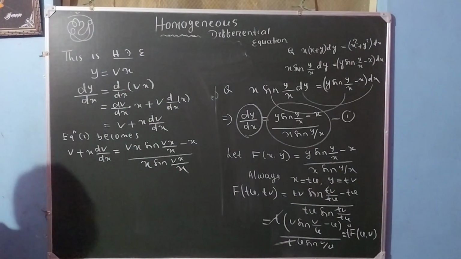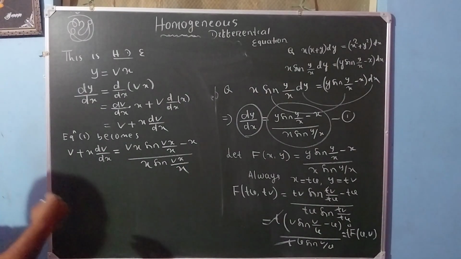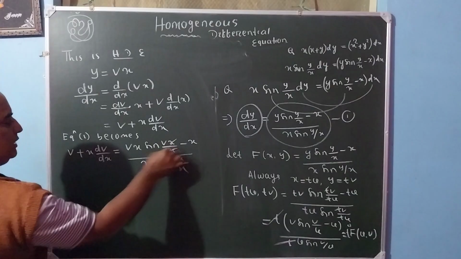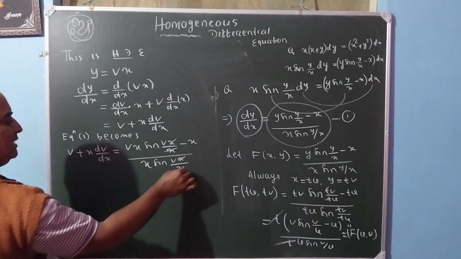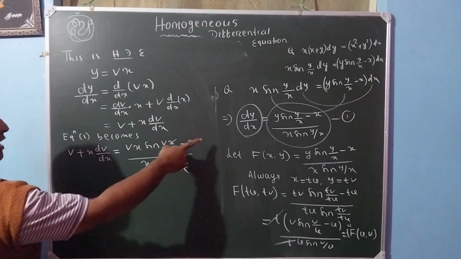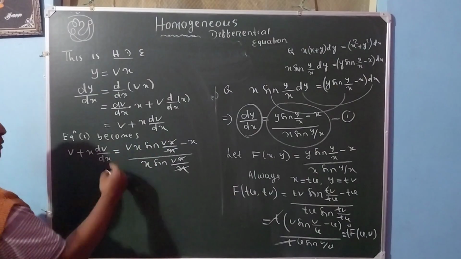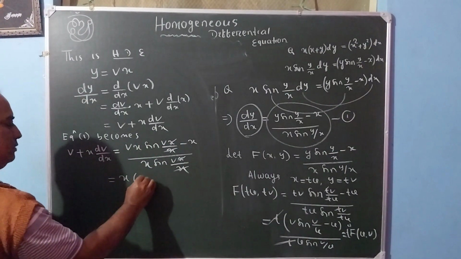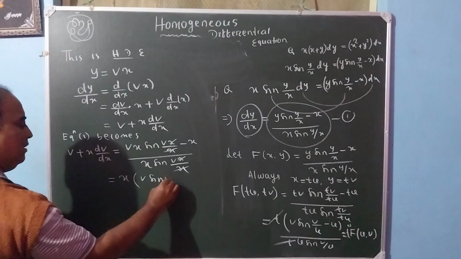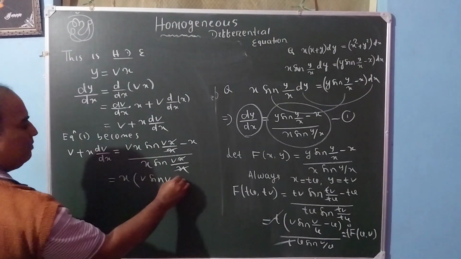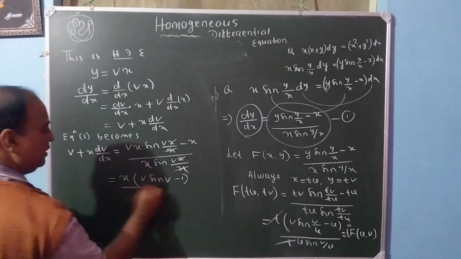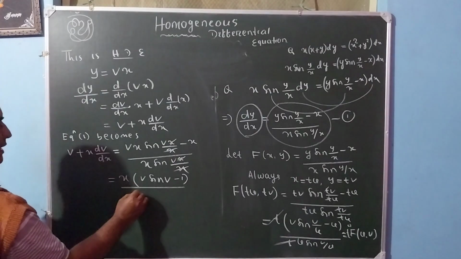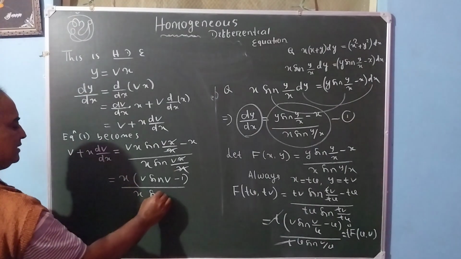So here this x cancels with this x. Now take x common in the numerator: x times v sin v minus 1, divided by x sin v.